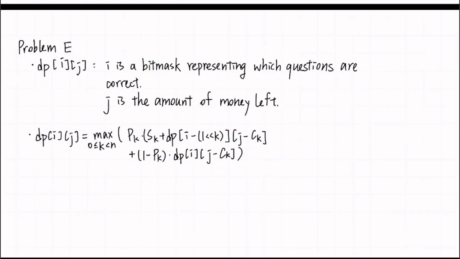This problem is like a knapsack dynamic programming and also a bitmask dynamic programming, and we can represent the DP states as dp[i][j], where i is a bitmask that represents which questions are correct. So this would be maximum 2 to the power of 8, and j is the amount of money that is currently left.